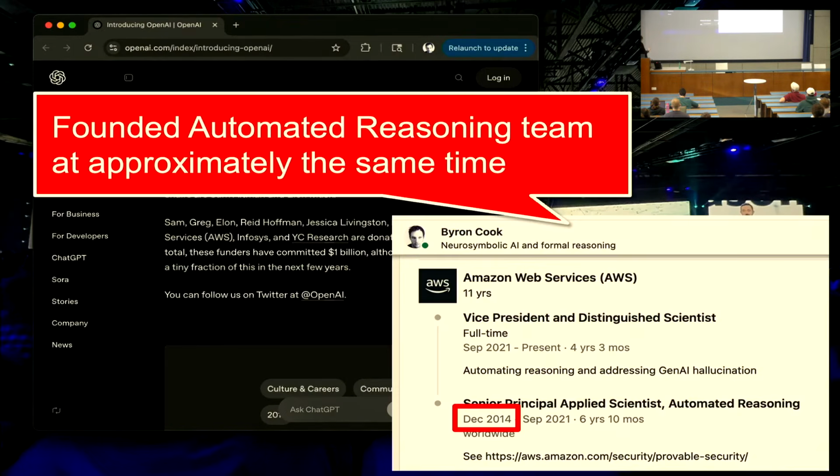And then at the same time, we, being AWS, invested in automated reasoning. So what you see happening is that Amazon is trying to look around the corner on behalf of their customers for what kind of technologies they could invest in that they can then use to increase security, increase correctness, lower costs, these kinds of things.